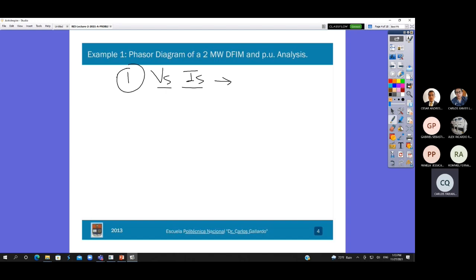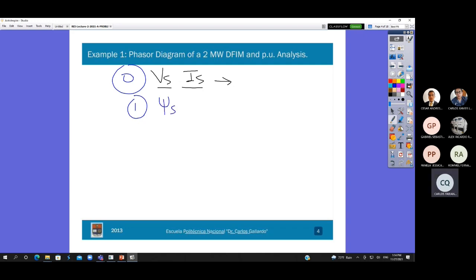This is not a step, because normally this is data. So let's call it step 0. But I will continue. This is my first step: I will compute the stator flux.